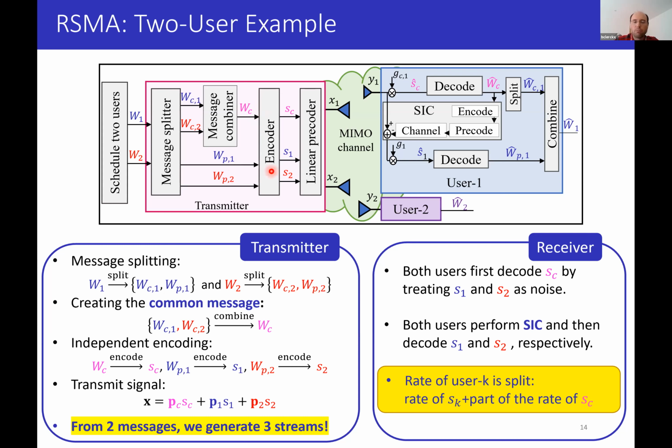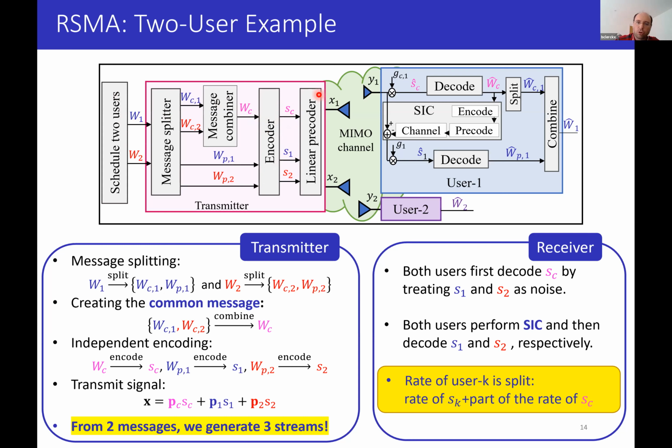Then we encode and modulate those three messages into three streams: SC, S1, and S2. WC is what is called a common message, and SC is a common stream. S1 and S2 we are going to call private streams. So we go from two messages, W1 and W2, to three streams: one common stream and two private streams.